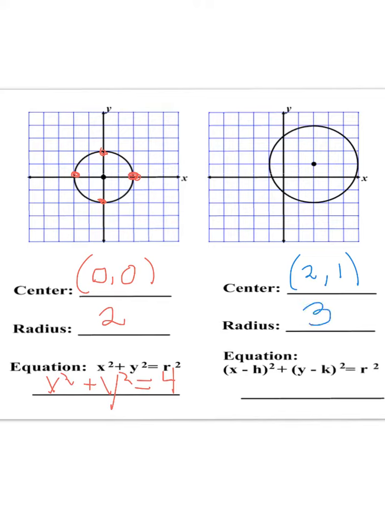So the equation is x minus 2 squared plus y minus 1 squared is equal to 9. Just in case for those of you who didn't follow along how I got the radius, I'm counting boxes from the center to all these points that I'm designating on the circle. There's 4.